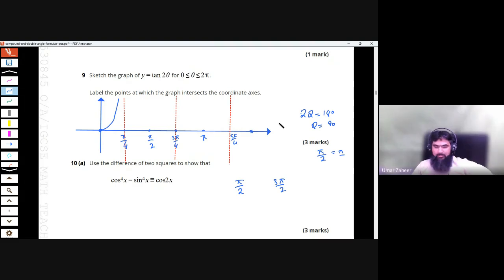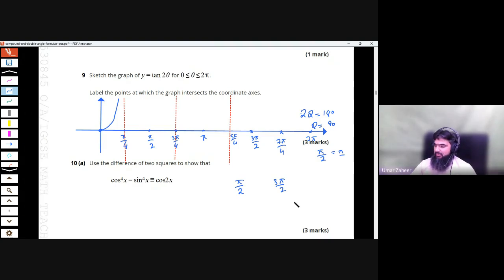We will not get the 2 pi. Okay, we move on. Okay, 5 pi over 2. It is 3 pi over 2. It is 7 pi over 4. And then you have 2 pi.